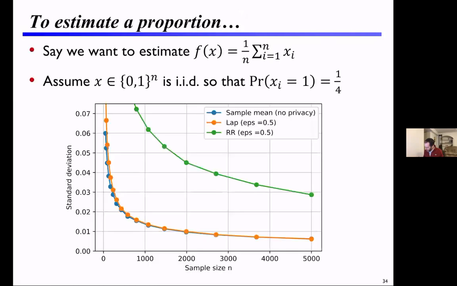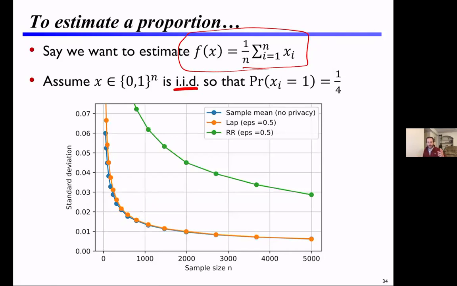But before we do that, one thing that's useful to look at is how this compares to randomized response, numerically. So we've set up a sequence of experiments where we're interested in estimating just a single proportion, as before. For simplicity, we'll assume that the data is generated IID, so the entries are each like a separate coin that's flipped independently.